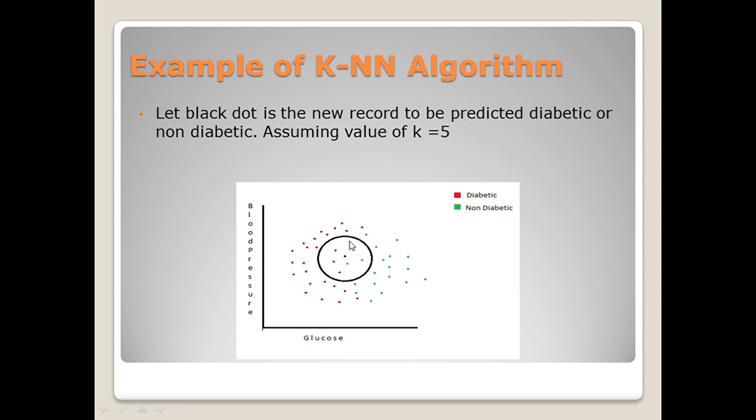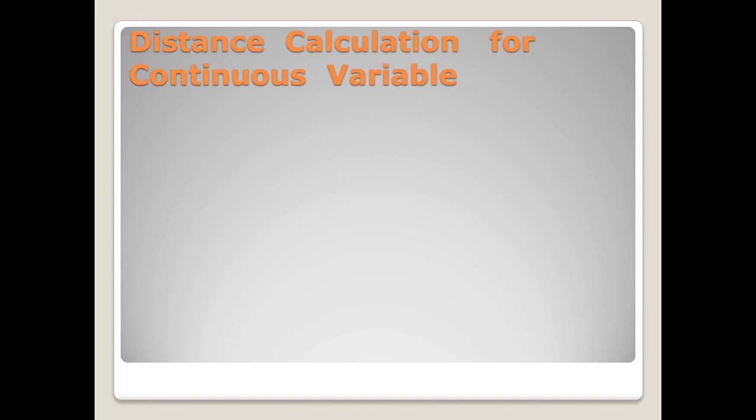Based on the majority voting algorithm, the prediction is that the person represented by the black dot is a diabetic person. This requires a calculation to identify the distance between the training and the test data.